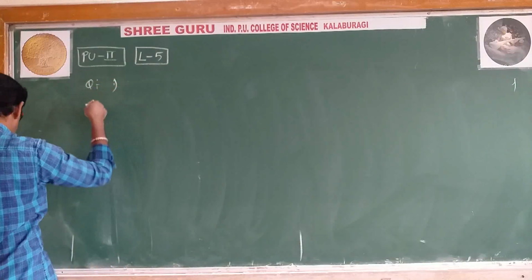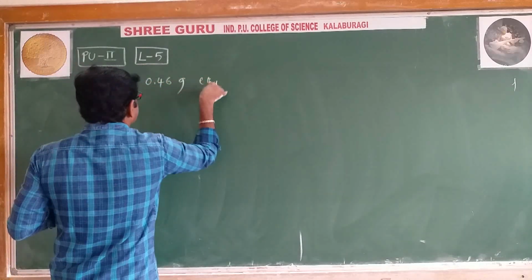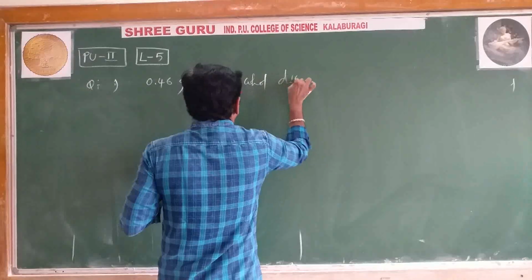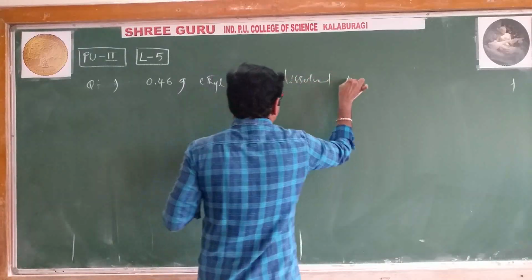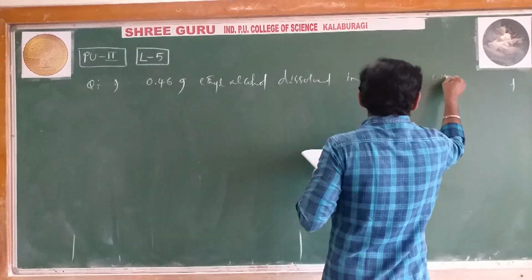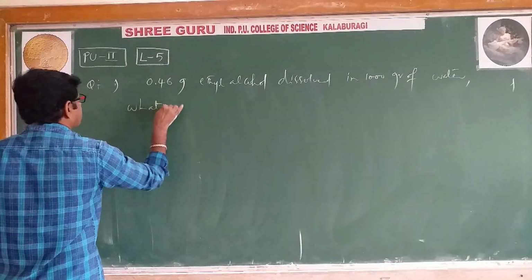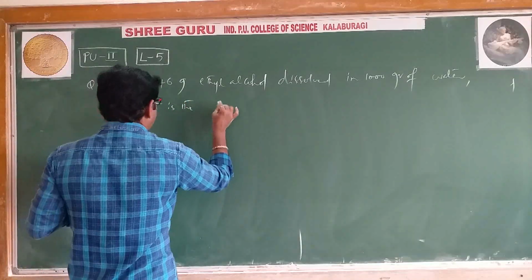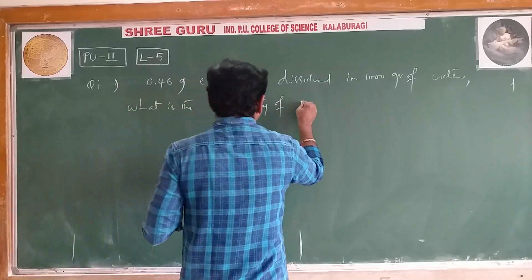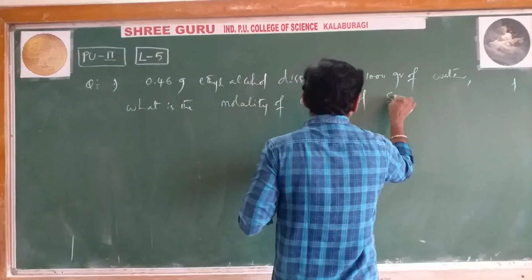First question. 0.46 grams of ethyl alcohol is dissolved in 1000 grams of water. What is the molality of the ethyl alcohol solution?